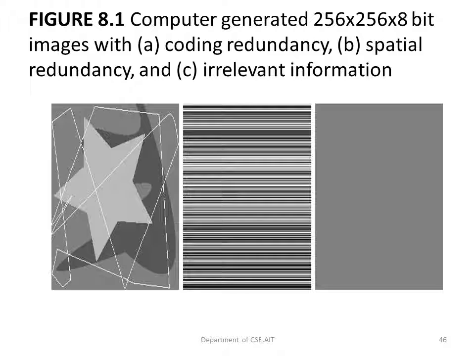And in C, we have information which can be ignored by the human visual system, or which cannot be seen at all because of some errors or extra information. So this is also one type of redundancy.